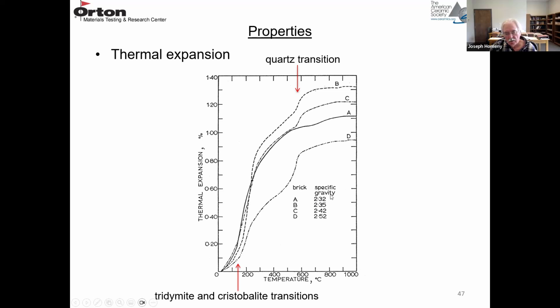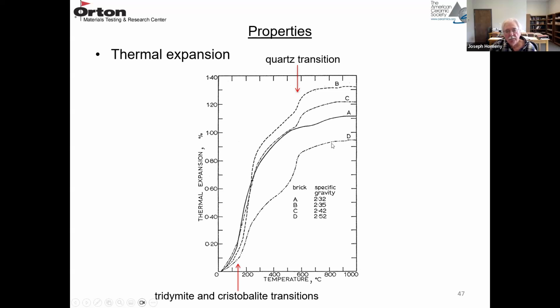These are the specific gravities for A, B, C, and D. A is the smallest, D is the highest, and in between is B and C. So if you're running a quality control check on a silica refractory, you can measure thermal expansion. You do not want any quartz present.